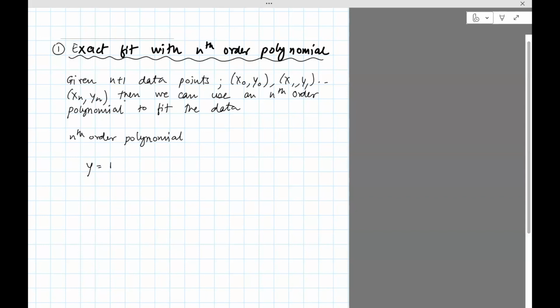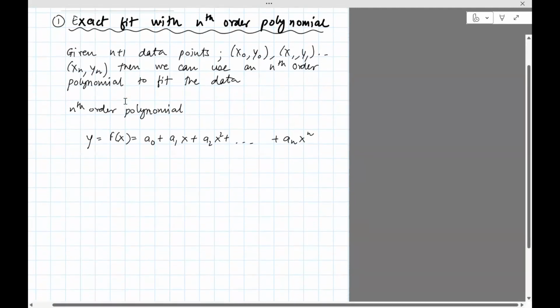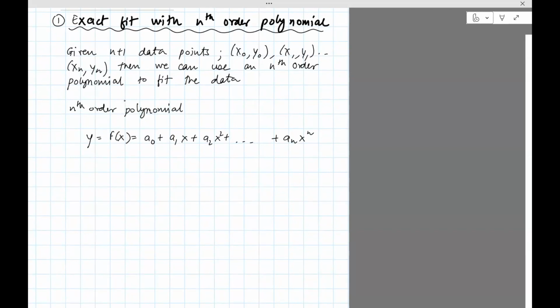Say y is f of x equals a0 plus a1x plus a2x squared, and so on till an xn. So there are n plus 1 unknowns. But we know that this curve, which we assumed, passes through those n plus 1 data points. So what we do is we sub in the value for each of those points.